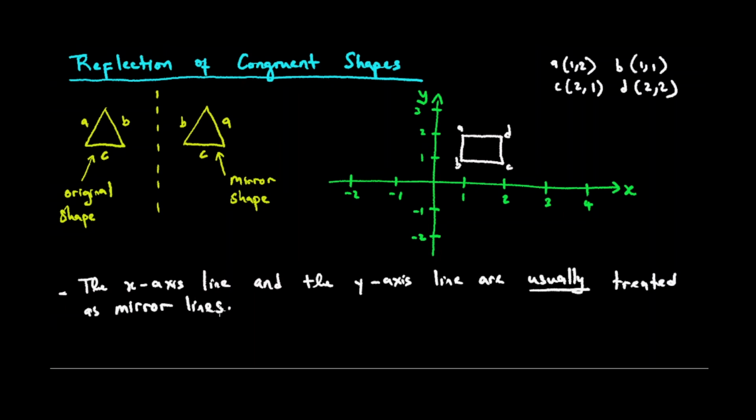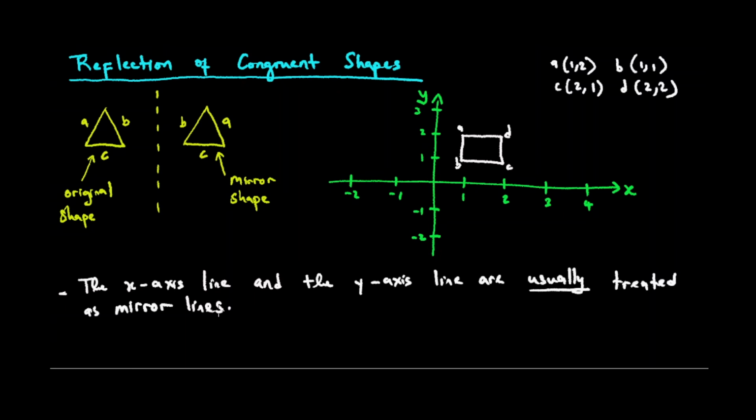Usually means that this is not always the case. This is not obviously always the case, but in most cases when you do reflection transformations, the x-axis line or the y-axis line are going to be used as mirror lines.